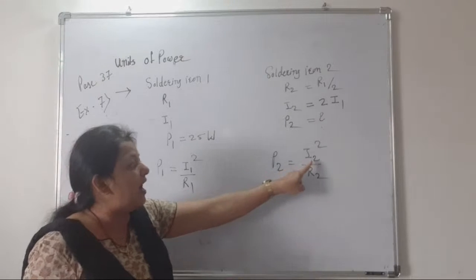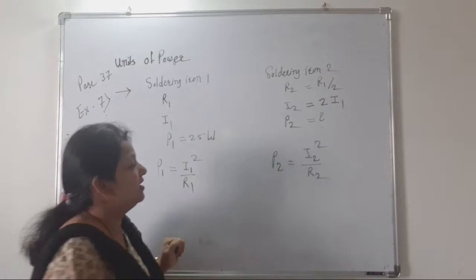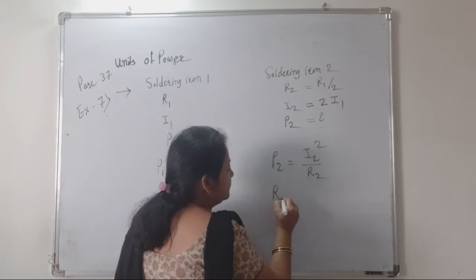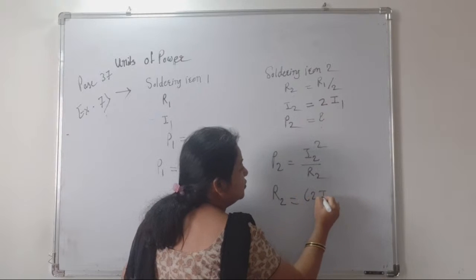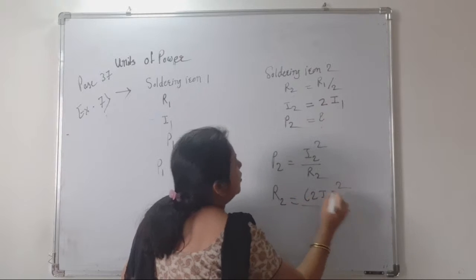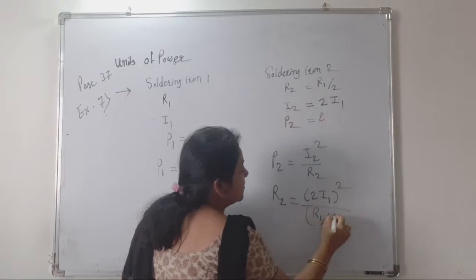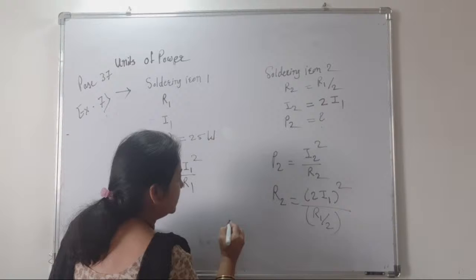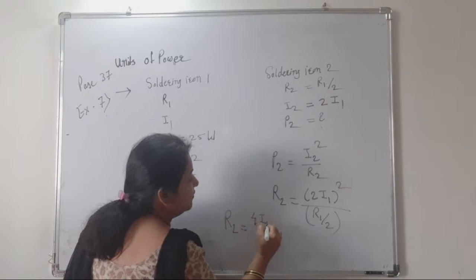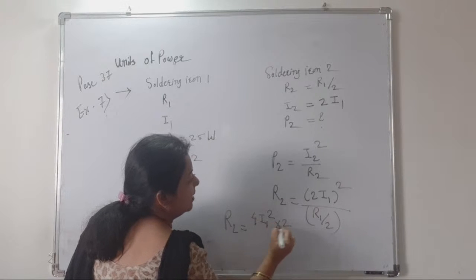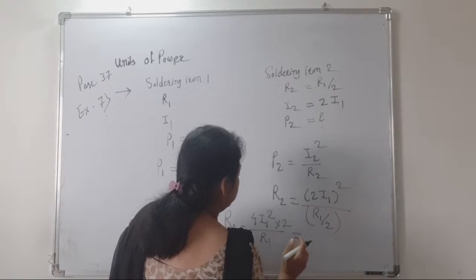Therefore, write I2 and R2 in terms of I1 and R1. I2 is 2I1, so 2I1 square. What about R2? R2 is R1 upon 2. So P2 is equal to 4I1 square multiplied by 2 upon R1.